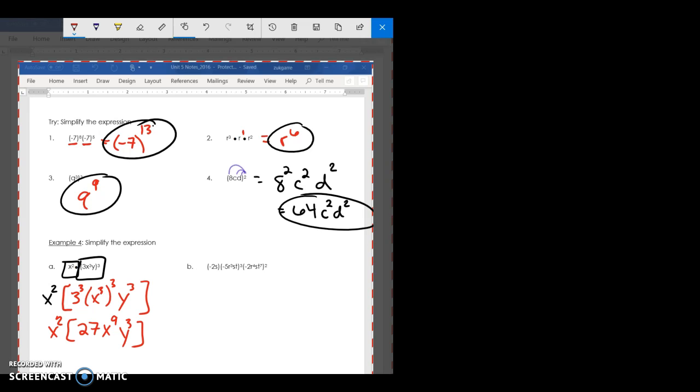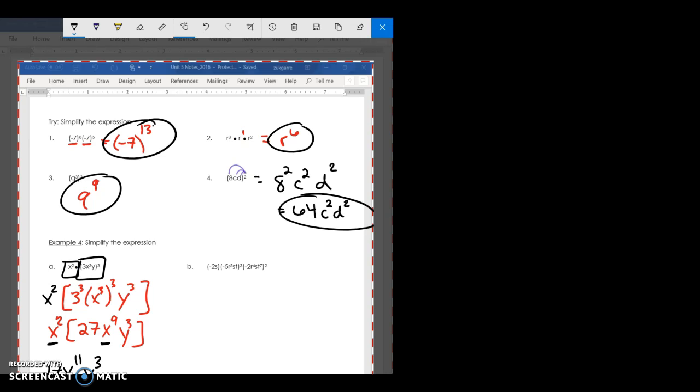Now I just want to look at the ones that have the same base. So I see an x and an x. Since I'm multiplying, I add their exponents. So 2 plus 9 is 11. Usually we're going to put our coefficient out front. So 27 x to the 11th y cubed would be our final answer here.